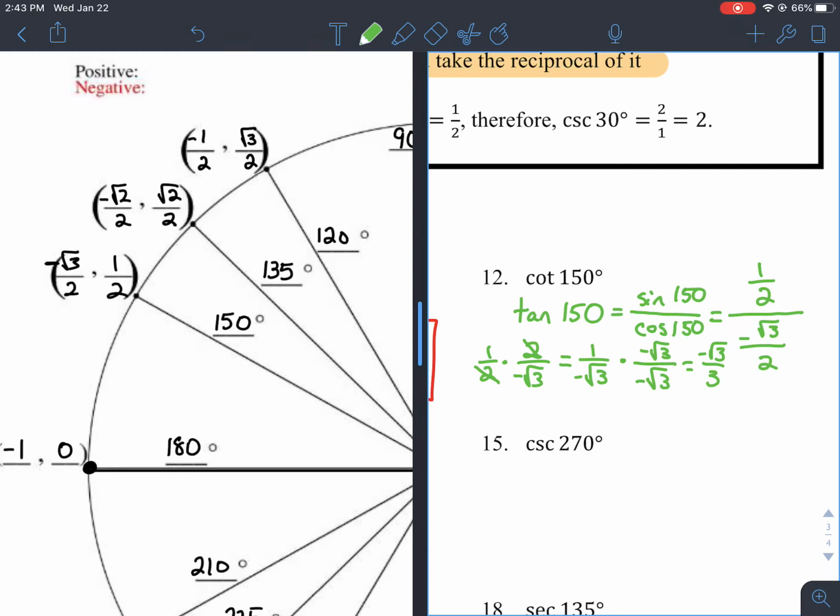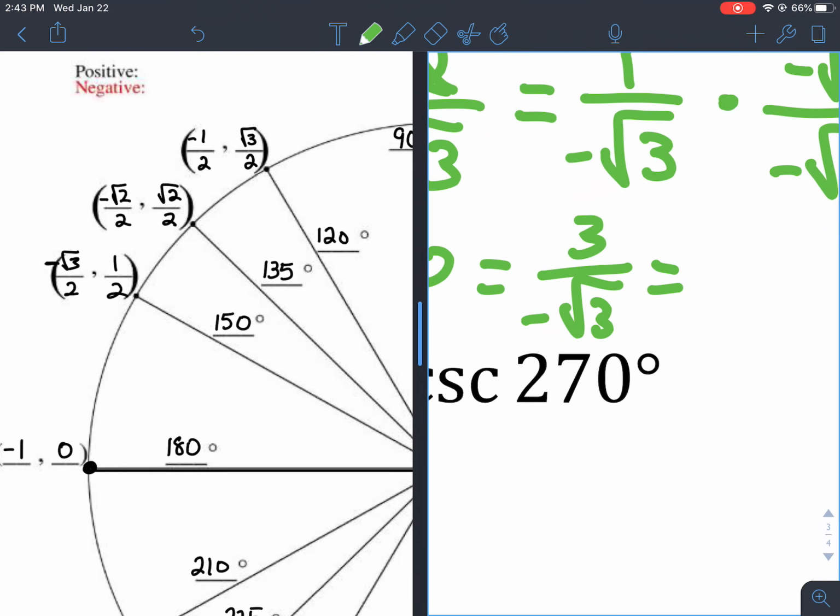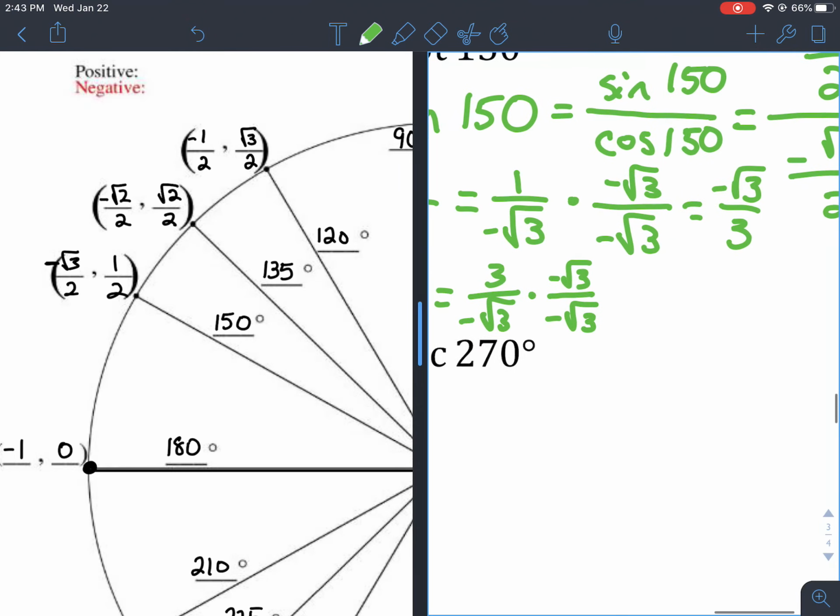So, in order to find the cotangent value, we are going to do the reciprocal of that, 3 over negative root 3. And one more time, we got to rationalize. So multiply by negative root 3 on top and bottom. On the top, we get negative 3 root 3.